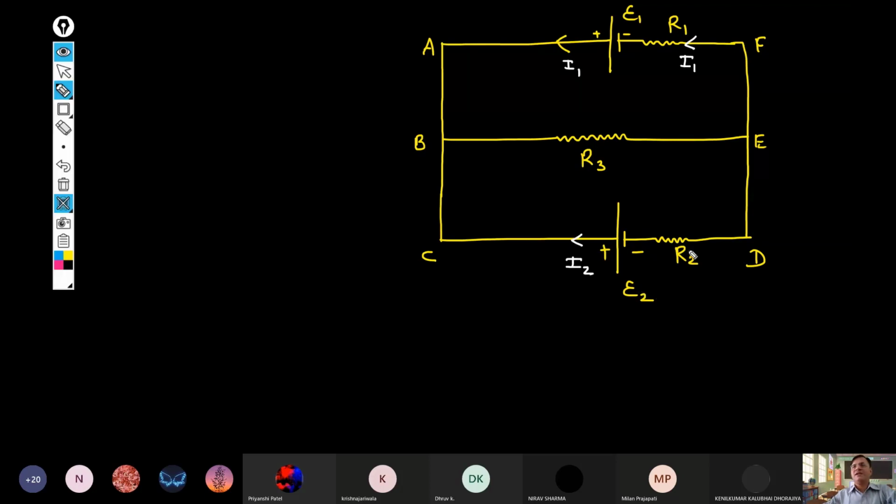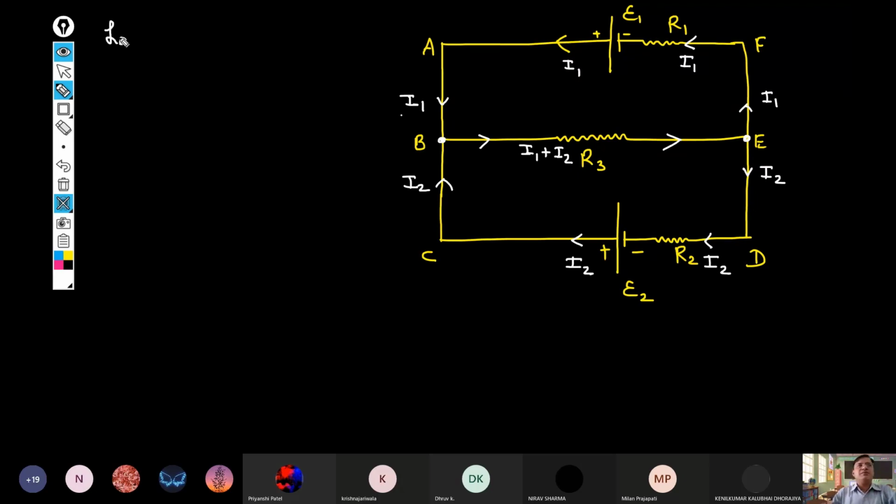Let's say current I2 is coming from the E2 cell, so the same amount of current I2 must enter it according to the law of conservation of charge. At junction B, the incoming currents are I1 and I2, so the outgoing current is I1 plus I2. At junction point E, out of I1 plus I2, I1 current is moving up and I2 current is flowing in the branch ED.